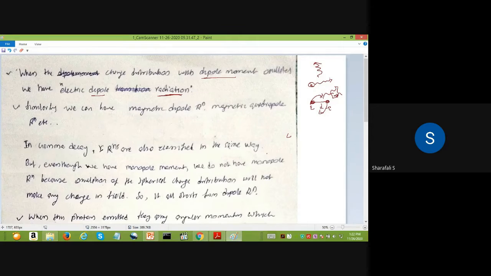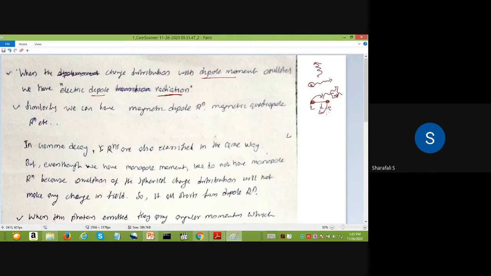If it is from electric charges and the distribution is a dipole, then we call it an electric dipole transition. If it is magnetic, for example two magnetic polarities forming a magnetic dipole, and they are oscillating, then you have magnetic dipole radiation.